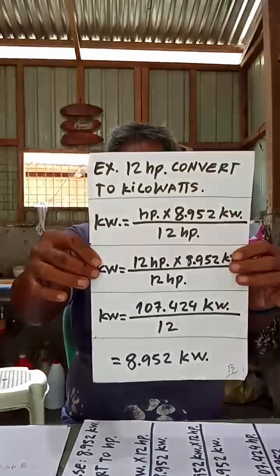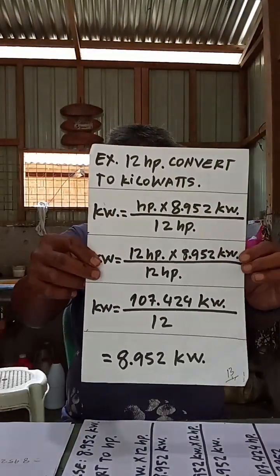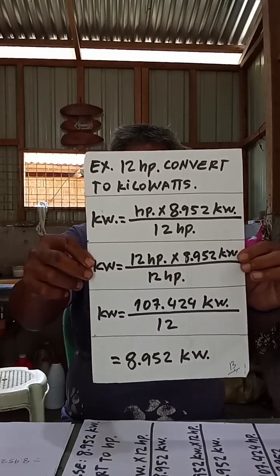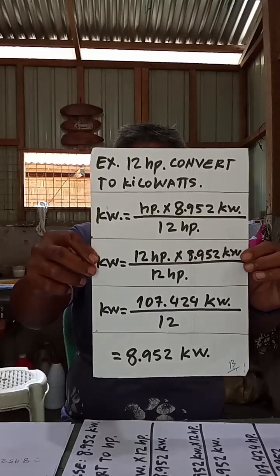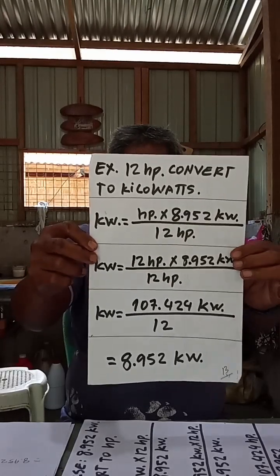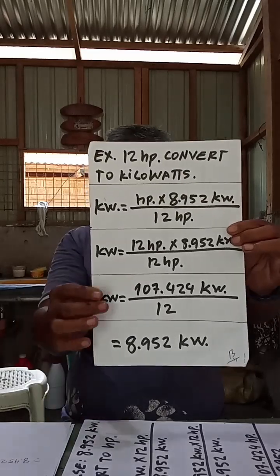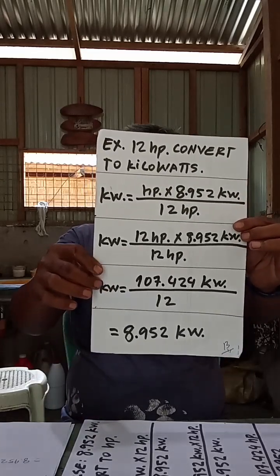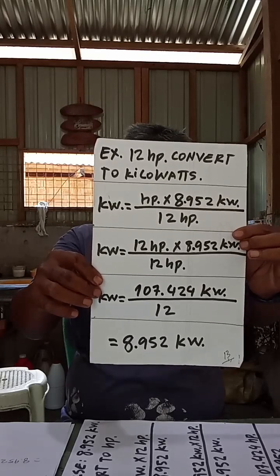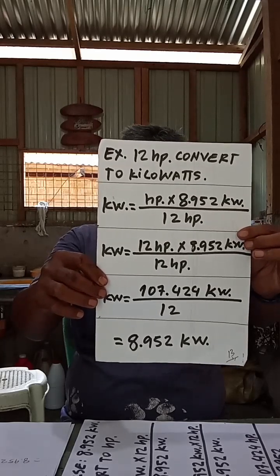No? So, exercises. Example, 12 horsepower convert to kilowatts. To find kilowatt, horsepower times 8.952 kilowatt over 12 horsepower. So baba, kilowatt, 12 horsepower times 8.952 kilowatt over 12 horsepower.